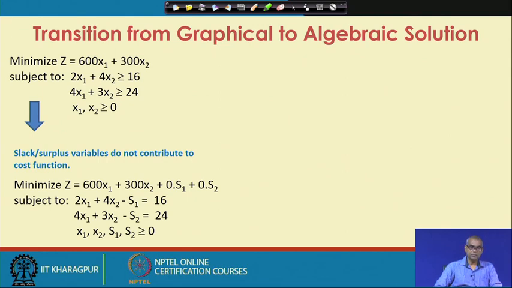By doing that, we will now see how do we transit from graphical solution to algebraic solution.